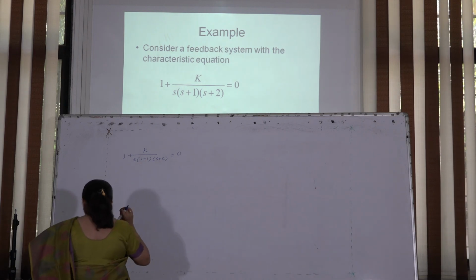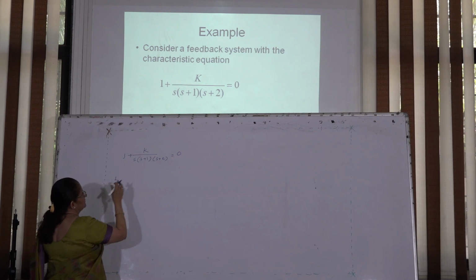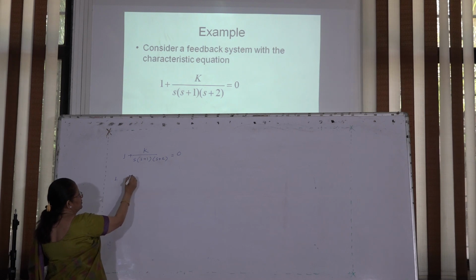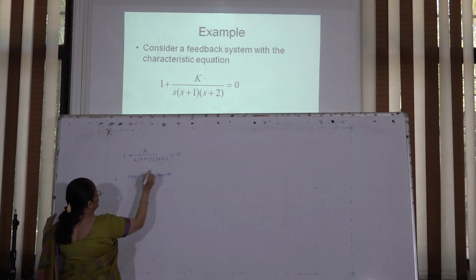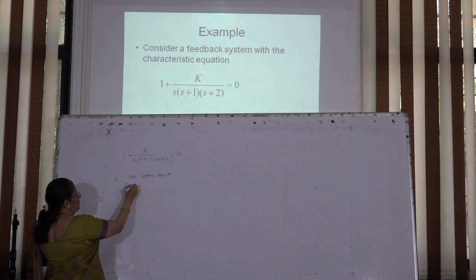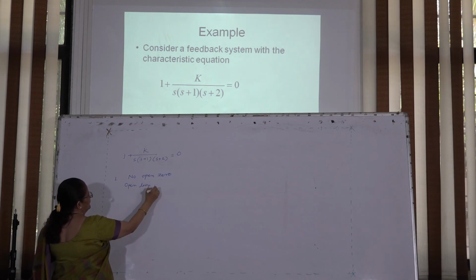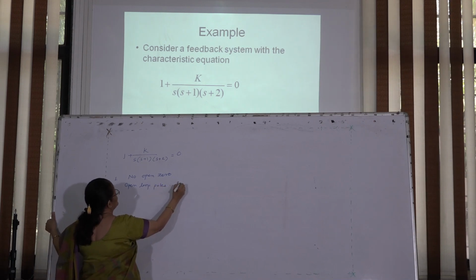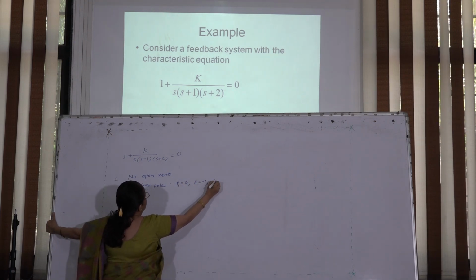While solving the root locus, you should write all the steps properly and sequentially. The first step is to write down the open loop zeros and poles. There is no open loop zero, and the open loop poles are: first pole at 0, second pole at -1 and third pole at -2.